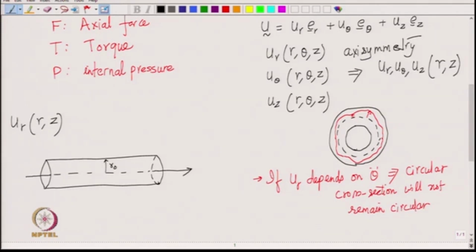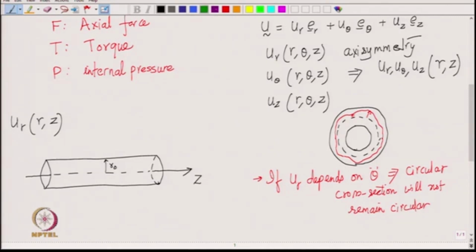So, it is a simple cylinder, but if u r is a function of z. So, along the axis we have z, is not it. So, if u r is a function of z, then you see that after deformation this simple cylinder will no more remain a simple cylinder, it becomes a generalized cylinder, is not it.